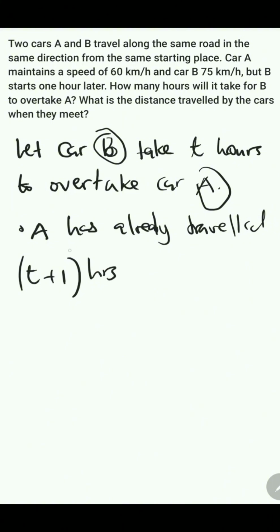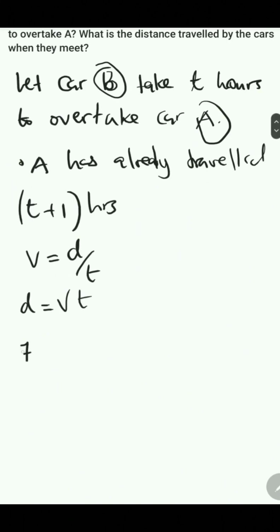Let the speed be equal to the distance over the time, so V equals D over T. Making distance the subject, we get D equals the product of the speed and the time. Now D in this case is 75 times the time B takes to overtake A.